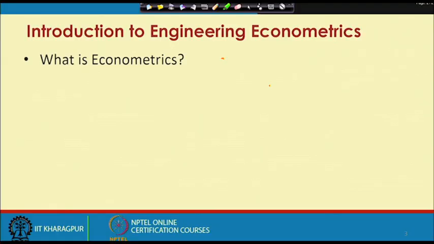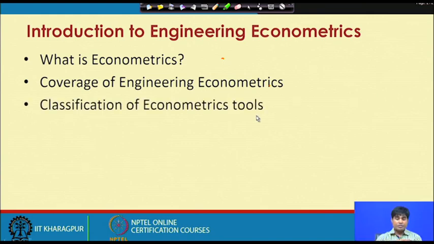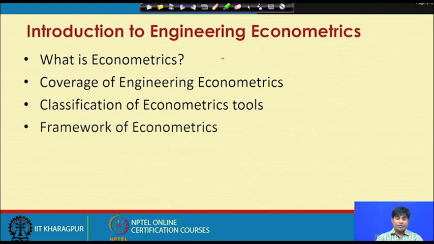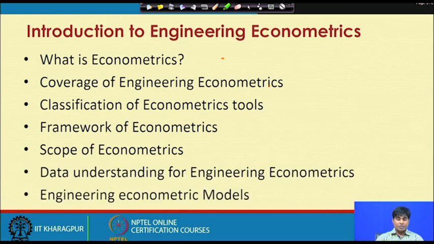In the introduction to engineering econometrics, we start with the following components: what is all about econometrics, second the coverage of engineering econometrics, then classification of econometrics tools, and then finally a framework of econometrics depending upon the particular classification, and a scope of econometrics, and finally data understanding for engineering econometrics.